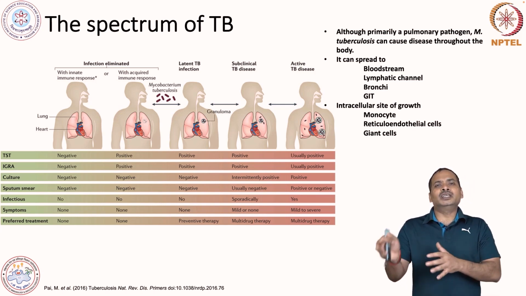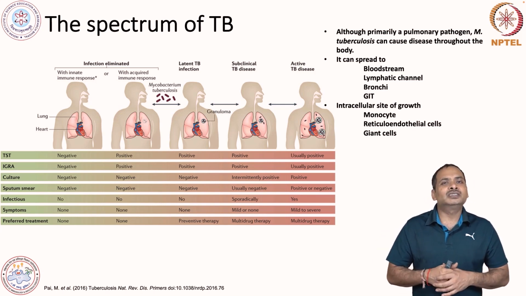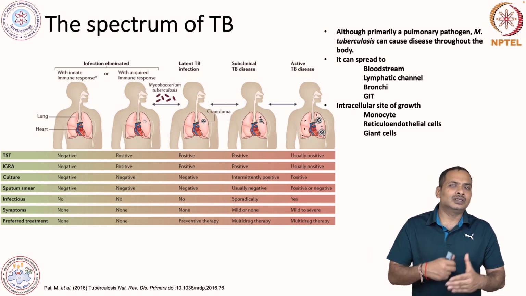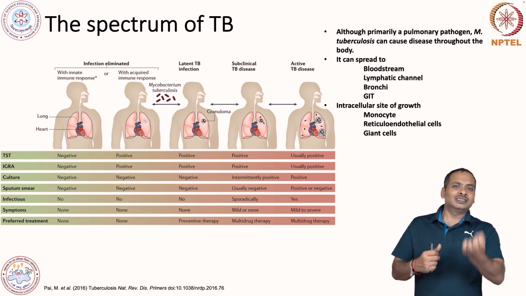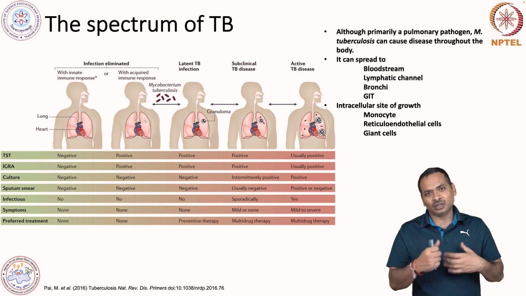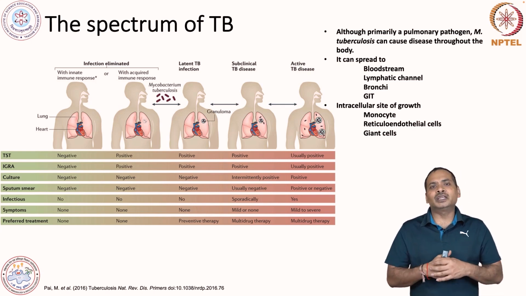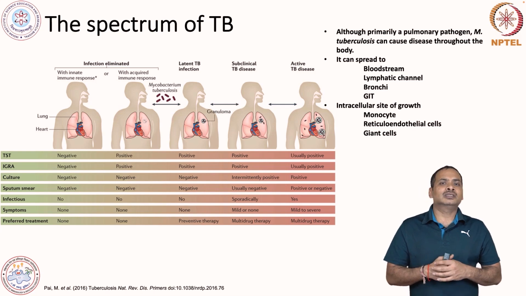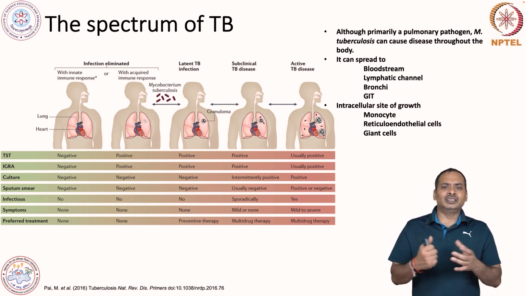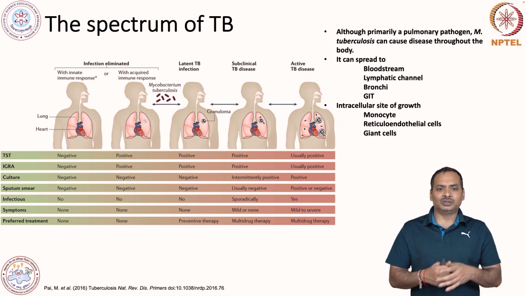When there is some appropriate change in the host defense, then these Mycobacteria will proliferate and cause full blown disease. There is a subclinical TB patient, and there are very active tuberculosis patients. So these are the categories.